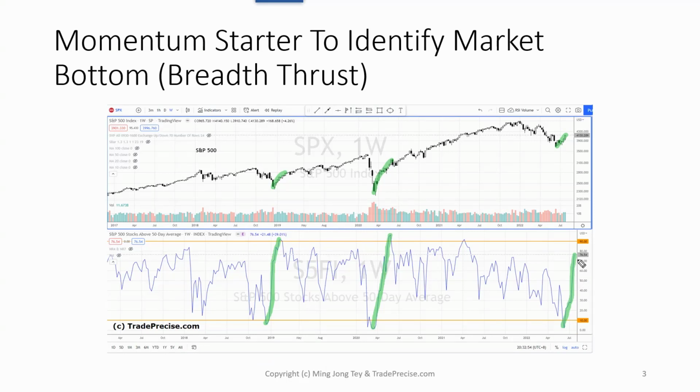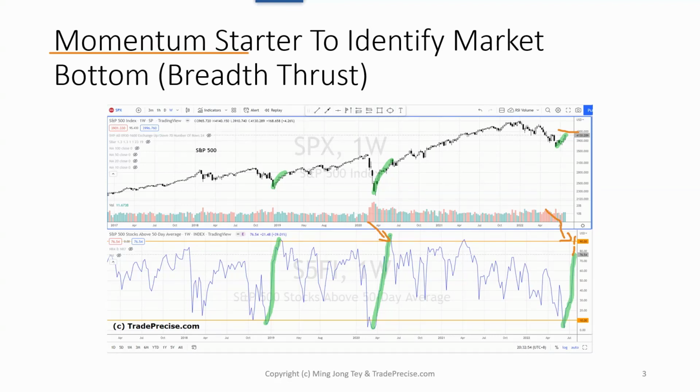So I'm just wondering if it can commit itself, something like this, tested 90. Maybe that could bring the S&P 500 all the way to about 43. If we get that, then I think we have the strong momentum that qualifies as the breadth thrust for the momentum starter to mark the market bottom.